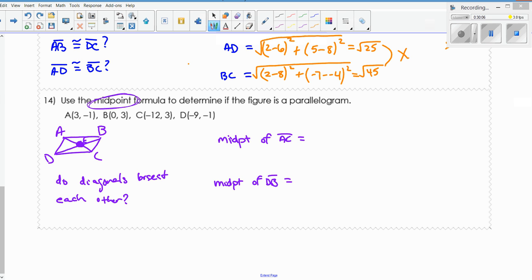Okay? So midpoint, remember, is averaging the x's and the y's. So for AC, I add up my x's, so 3 plus negative 12 divided by 2. Add up my y's, negative 1 plus 3 divided by 2.